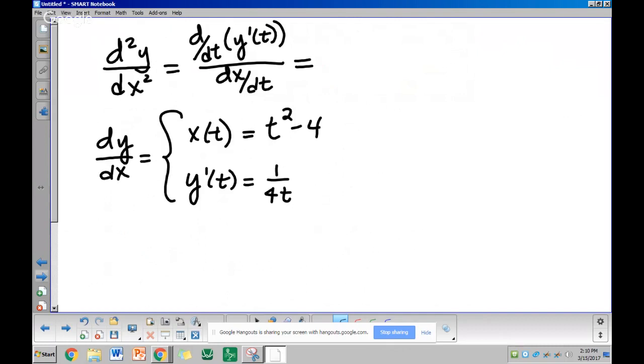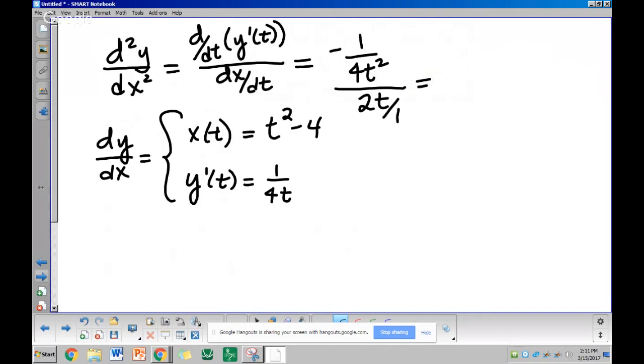Negative 1/4, 1 over, over 2t, yes. So if I were to simplify this, it's really 2t over 1.